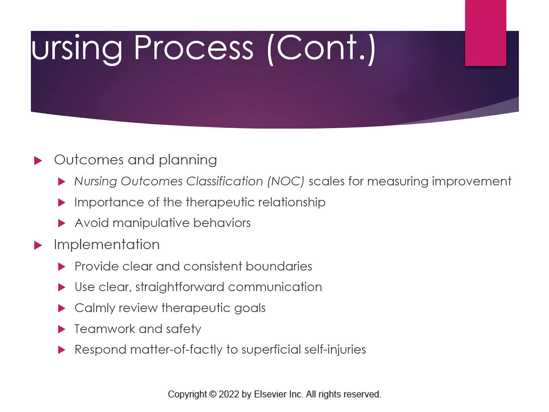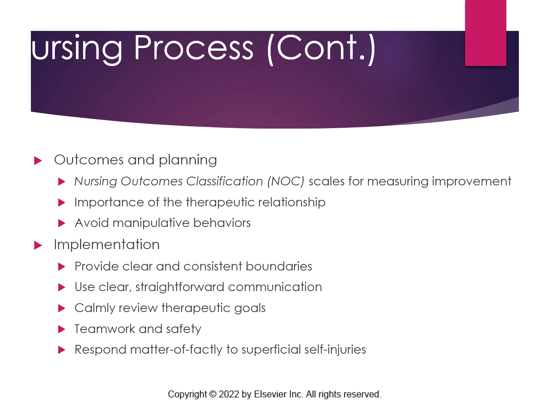And then for the nursing process, outcomes and planning, some of the diagnoses, nursing outcome classification, scales for measuring improvement would be utilized. And then there's the importance of the therapeutic relationship, and we've talked about therapeutic communication. Avoid manipulative behaviors.